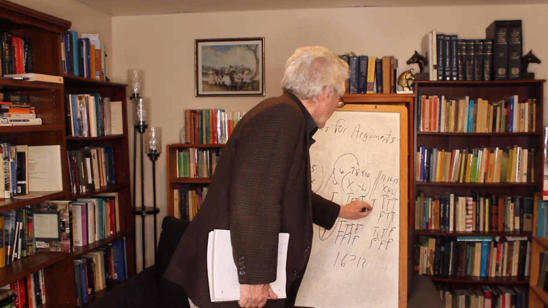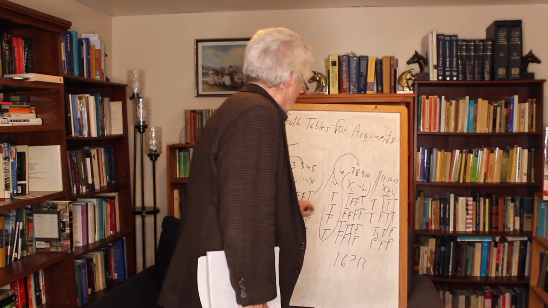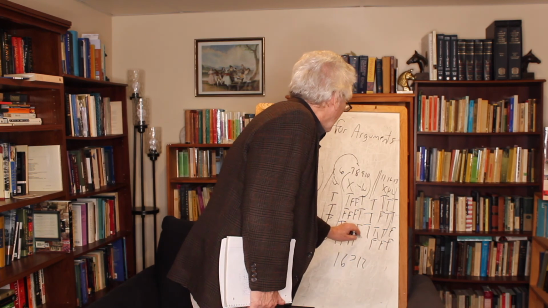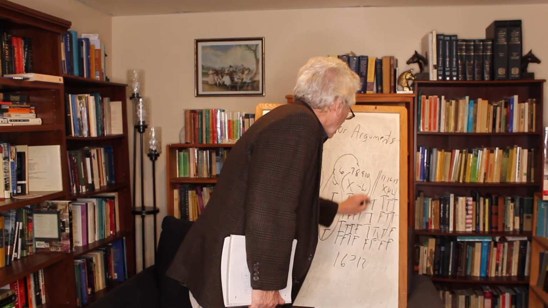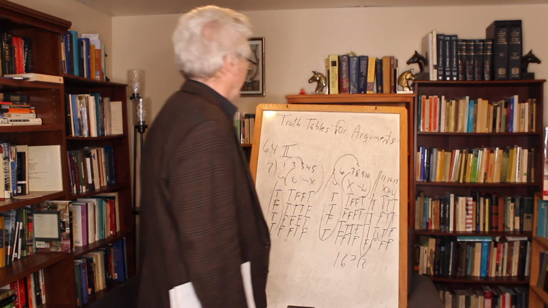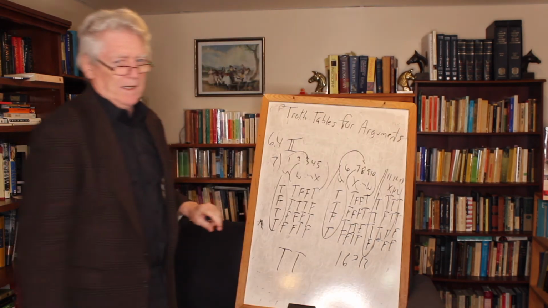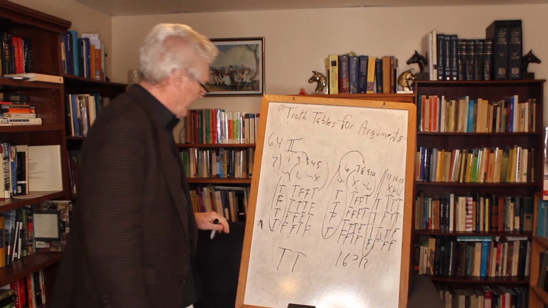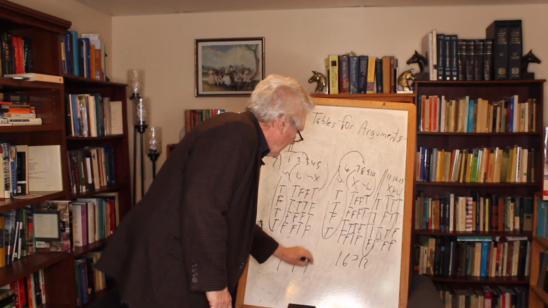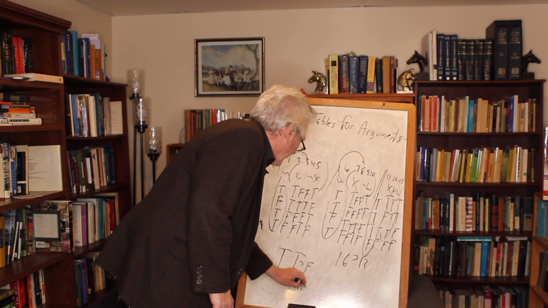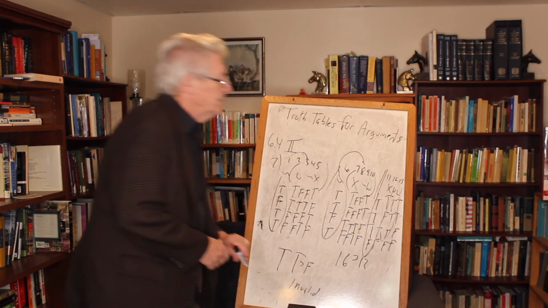False, true, and true makes true there. True, false, and true makes true there. True, true, and false on the very last row. So this argument is invalid because of this row here, number 4. I was looking for 2 true premises, true, true, and I did find it on the 4th row. So this argument is invalid.